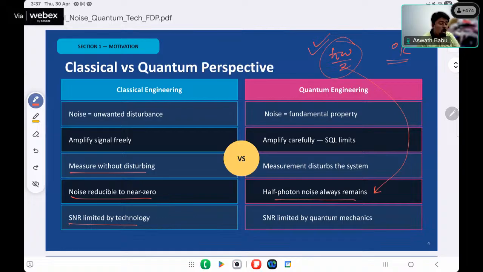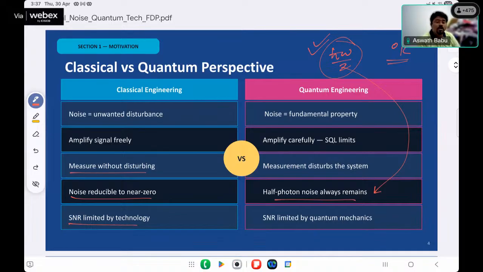Excellent signal to noise ratio is dictated by the existing technology. With better advancements in devices, you can have a very good SNR.